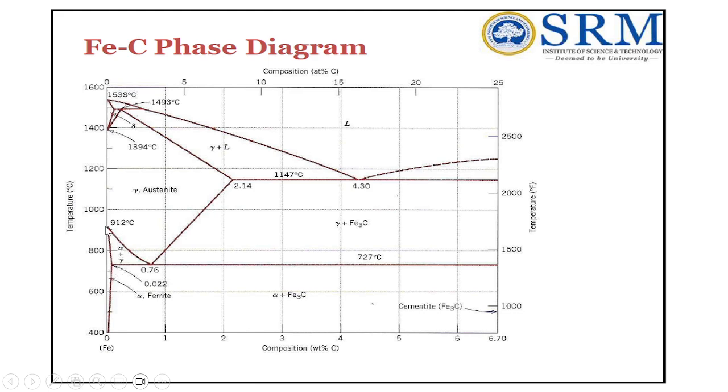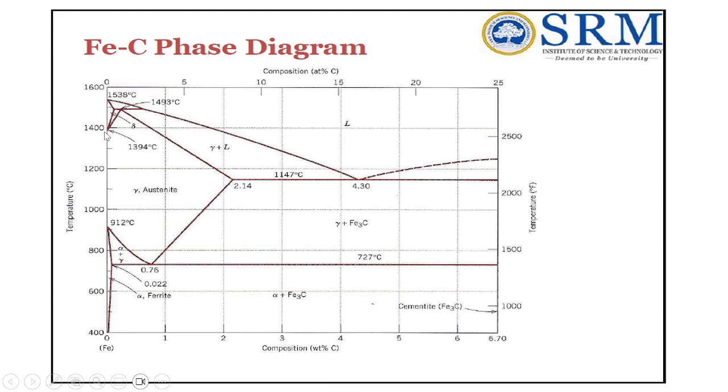Above 910 degrees centigrade, it changes its structure from alpha to gamma. The metallurgical name is austenite, and it has an FCC, face centered cubic structure.